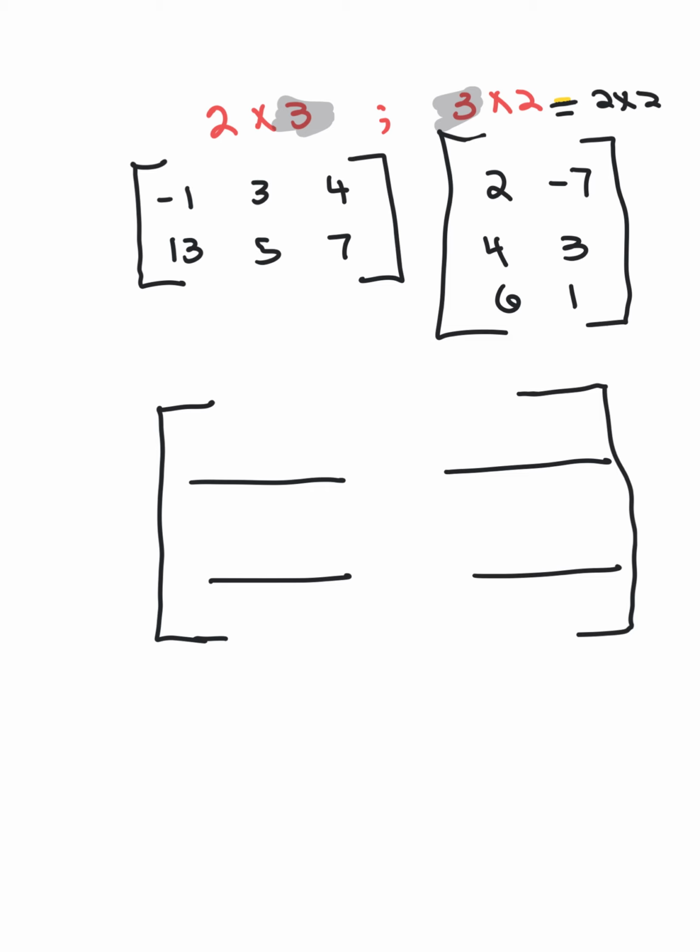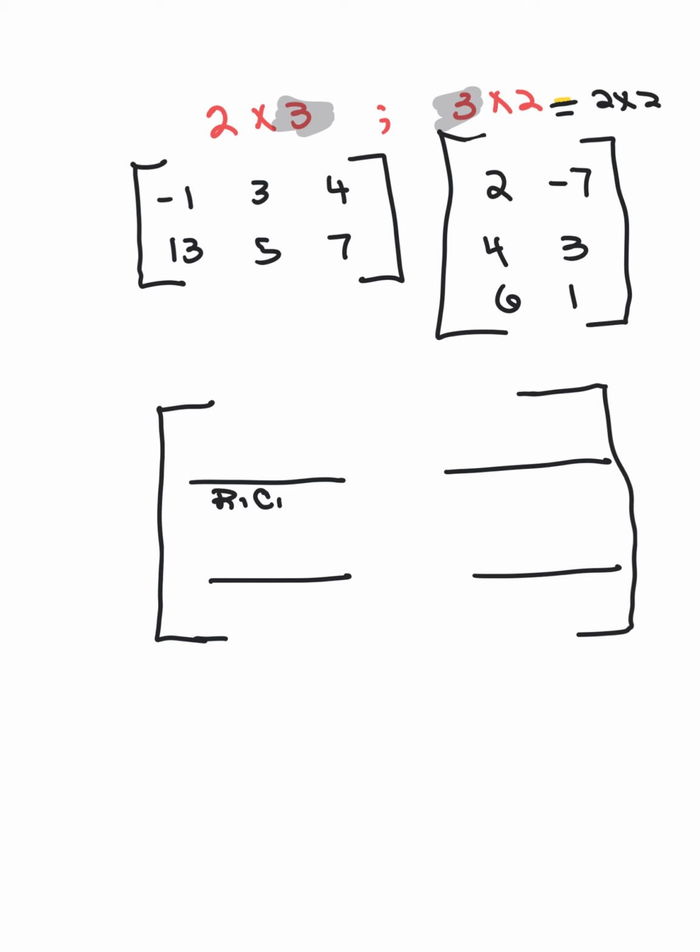In order to determine what I'm going to multiply, I'm going to look at the position of each one of these. This first one is in row 1, and it is in column 1. Therefore, that tells me that I'm going to take row 1 of the first matrix and multiply it times column 1.